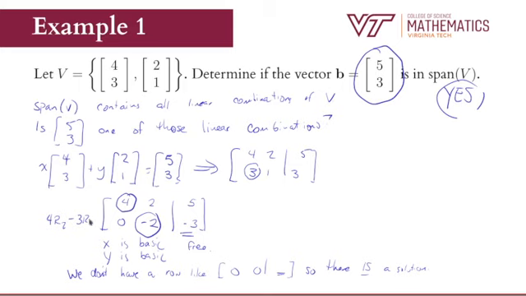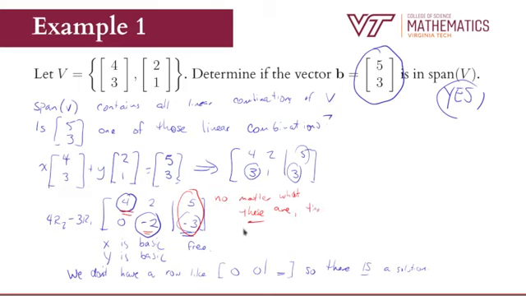And when we did this row reduction here, it didn't really matter what these two numbers were. This number became 4 times this number minus this number. But no matter what these two numbers are, my leading entries will still be here.